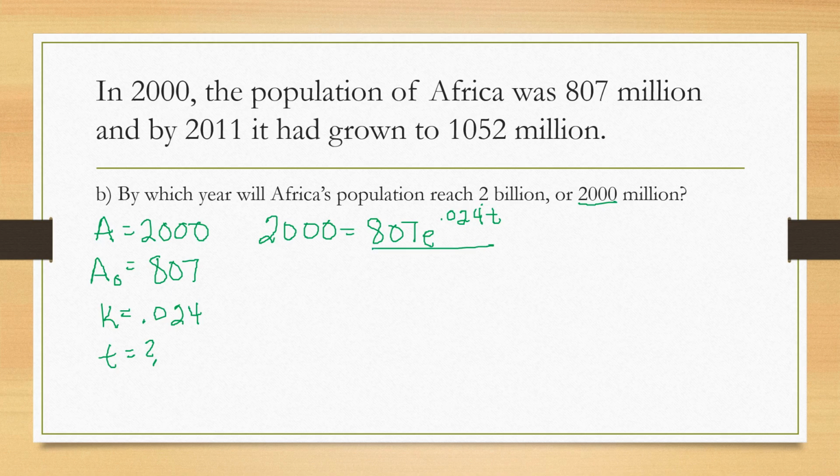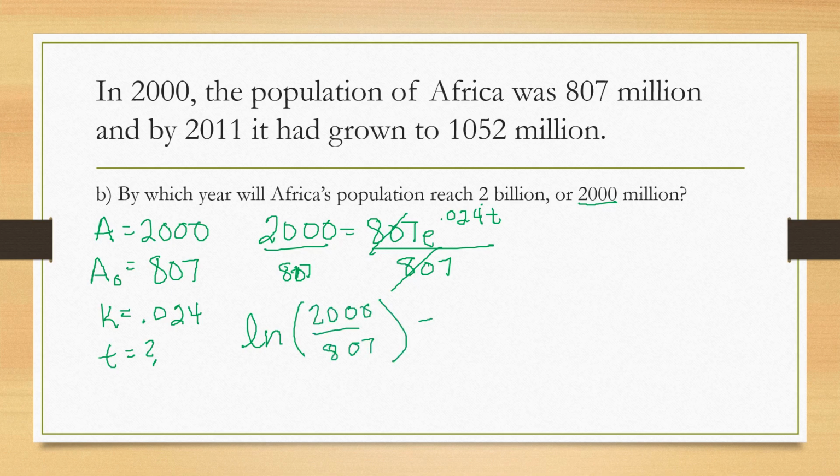So first thing we do, divide by 807. That cancels these out. Then we want to write it as a logarithmic equation. So log base e is the natural log of 2,000 over 807. And that's going to equal 0.024 t.